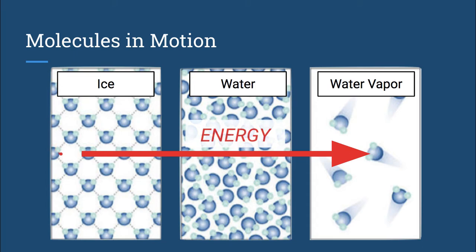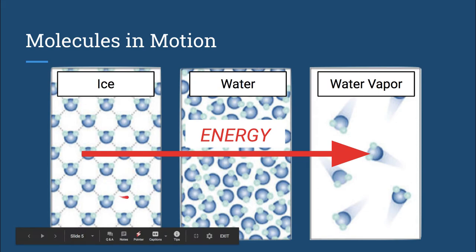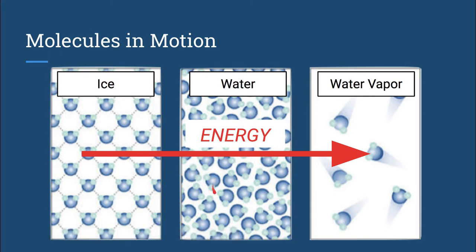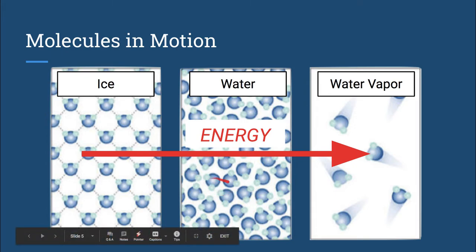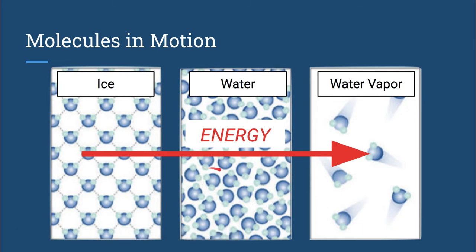As you start to add energy, the molecules start to move more. So in solid ice, the molecules don't move. They have a solid shape. As we give water energy, those molecules start to move around. They sort of slide over each other. And that's what allows water to pour and move about and spill.